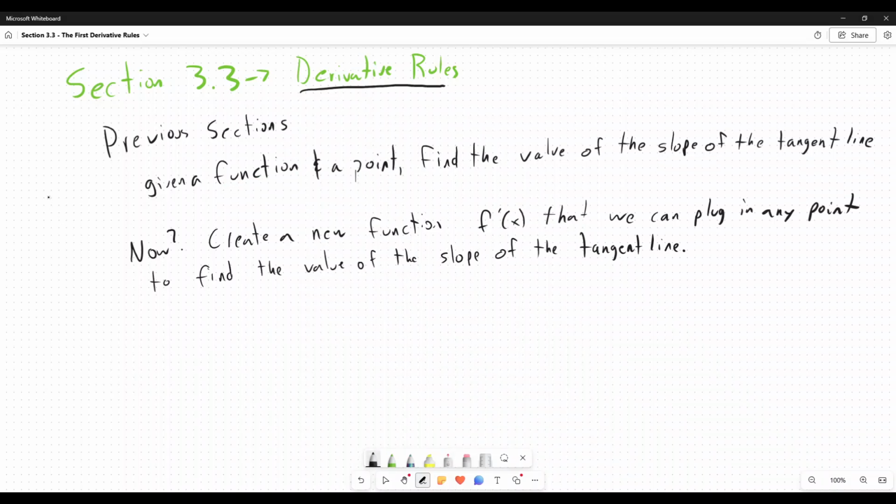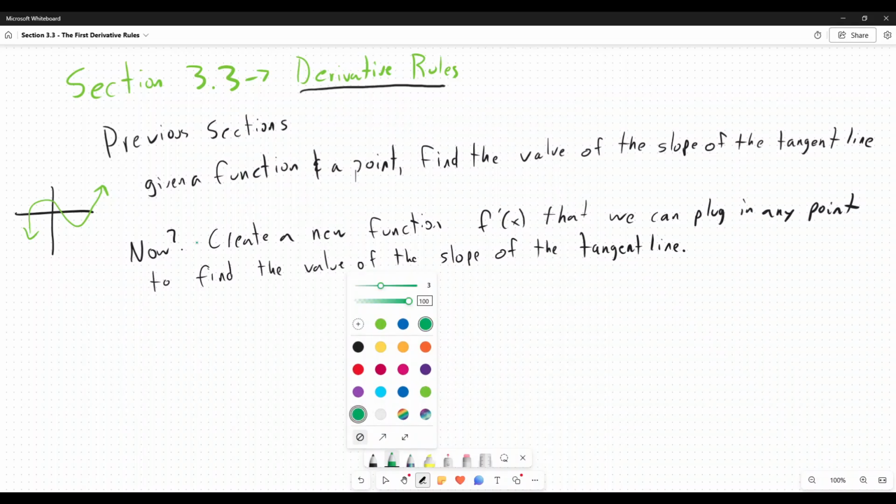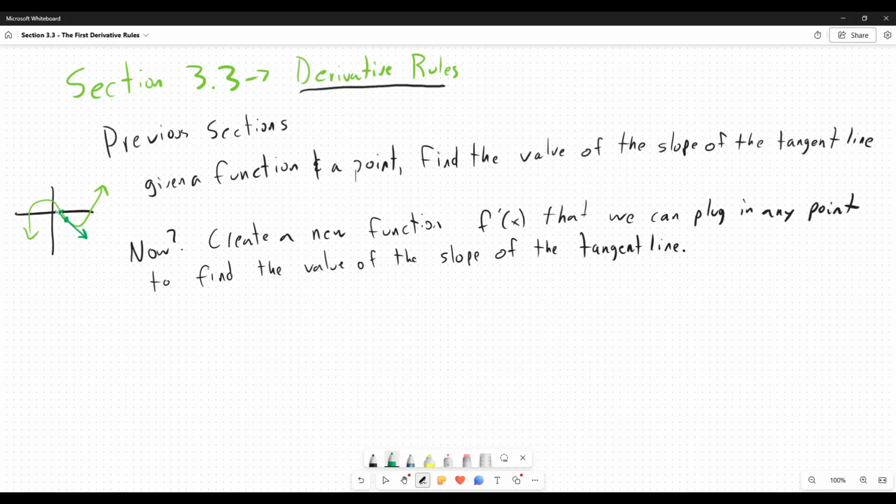As an example, if we see a real quick sketch, we identify this point. You had to give me the function and the point at the beginning. That means as soon as I change points, and maybe I want to go to point number 2, I have to redo that whole calculation.